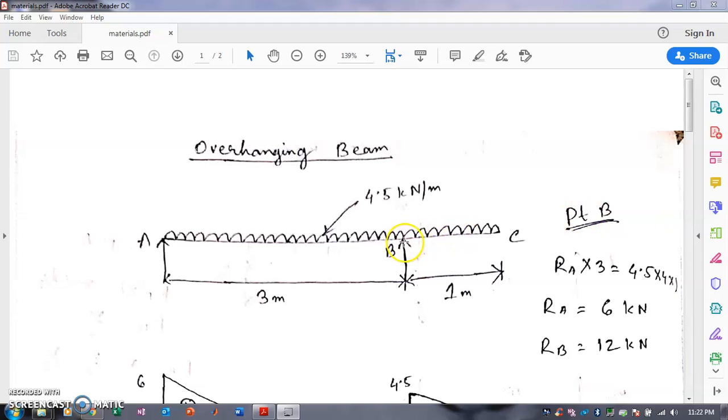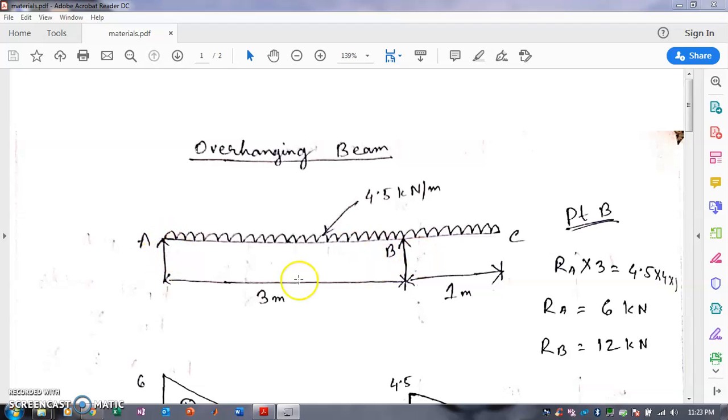If we consider point B and we are taking all the moments of the forces about point B, then what will happen? RB is going through the point B, so the distance of RB from B is 0, so there will be no moment due to RB, but there will be moment due to RA, and it will be clockwise.